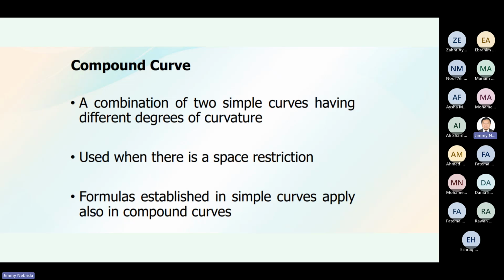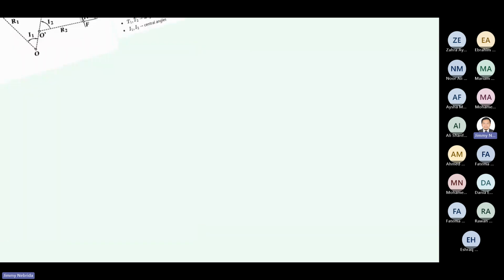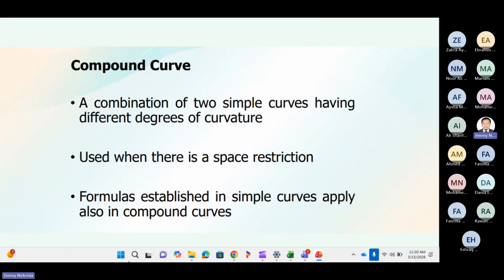But the complexity here is you already have two different radius combined in the curve. For whatever reason, it is to at least get the comfort of the user or the driver. As I've said, this is a combination of two curves.